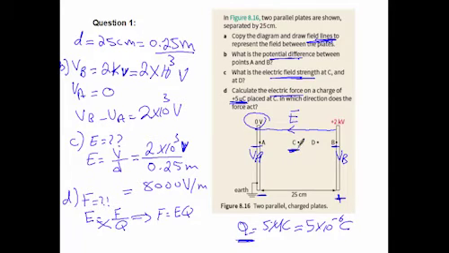So the force on this charge will be the same at C, D, or any point here, because we have uniform E. So to get F, we have E, which is 8,000 multiplied by Q, 5 times 10 to the minus 6, and this will give us the value for F, which is 0.04 newtons.